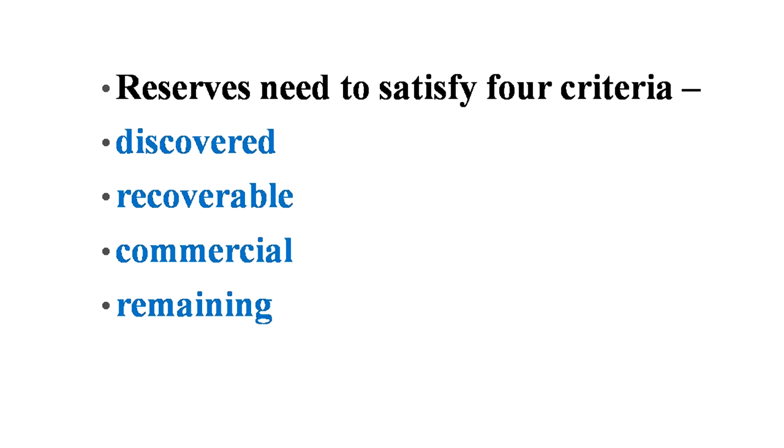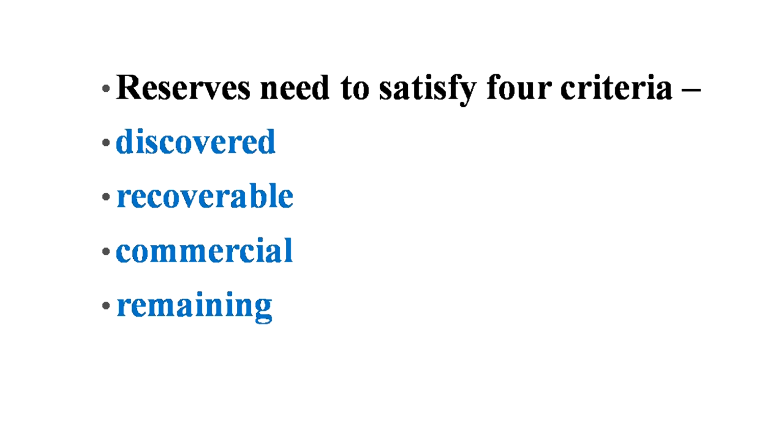Number 2, it is not only that you have oil and gas, that oil and gas has to be recoverable using our existing technology. So, you have to have an oil resource which is discovered and then it has to be recoverable. Number 3 term that needs to be followed here is the commerciality of that oil pool.